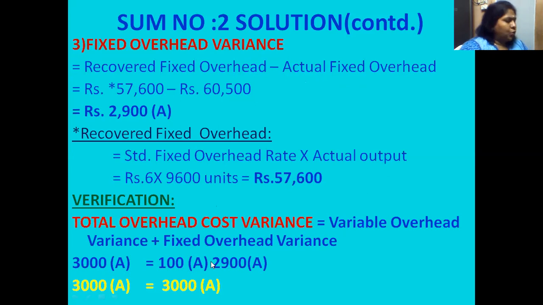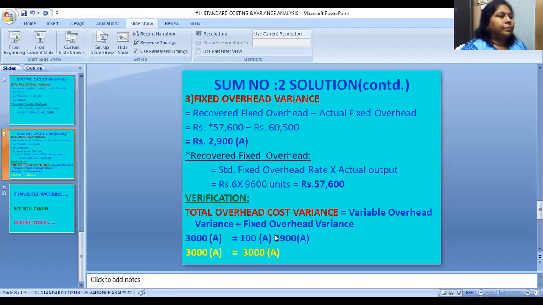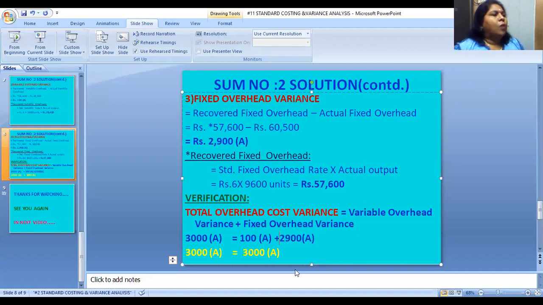Here we need to show the sign as plus. Then this is how we calculated the verification: the left hand side we have 3,000 adverse and the right hand side also we have 3,000. So our workings are right.